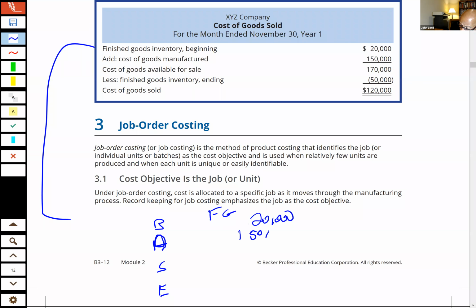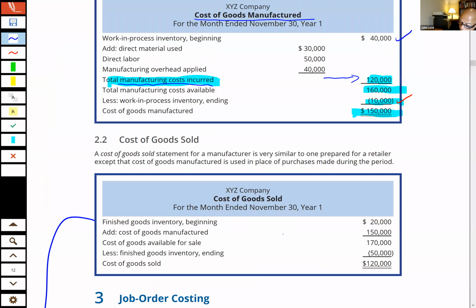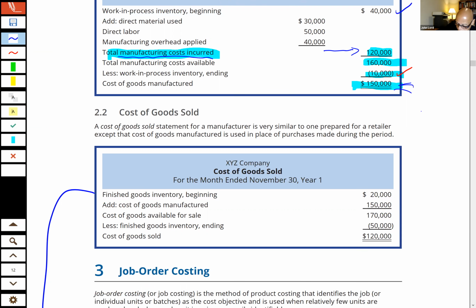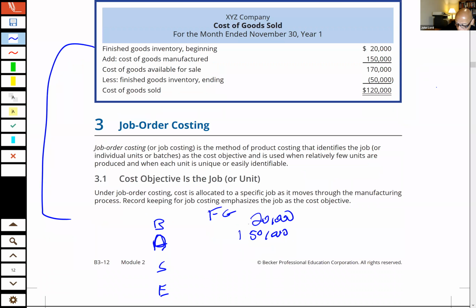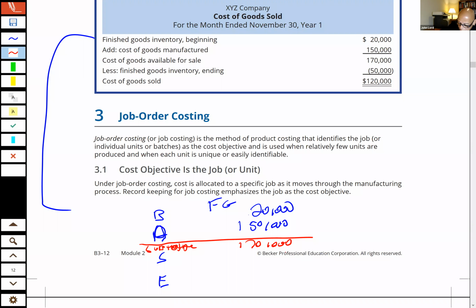And they could give you a question in which they first make you do this up here, and then maybe ask you the cost of goods sold, right? By telling you the beginning. You would have figured out the add already. So now my subtotal is what? Subtotal is 170,000. Then they would probably tell me that the ending finished goods inventory is 50,000.